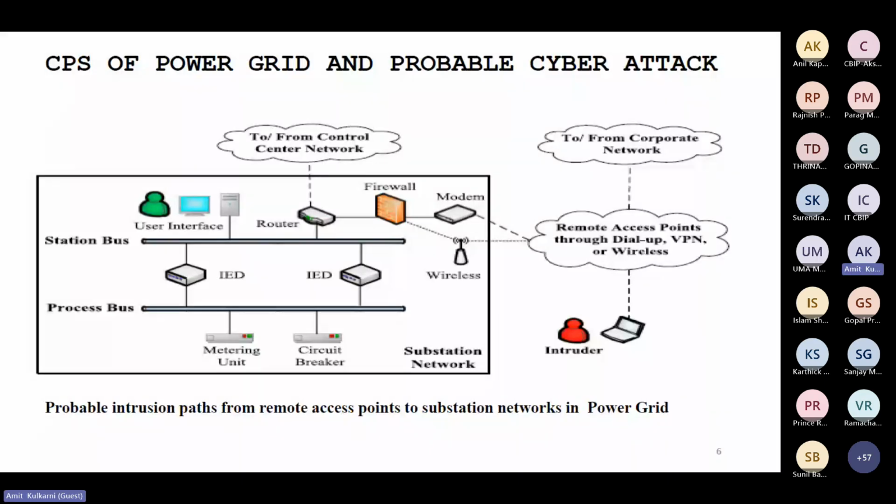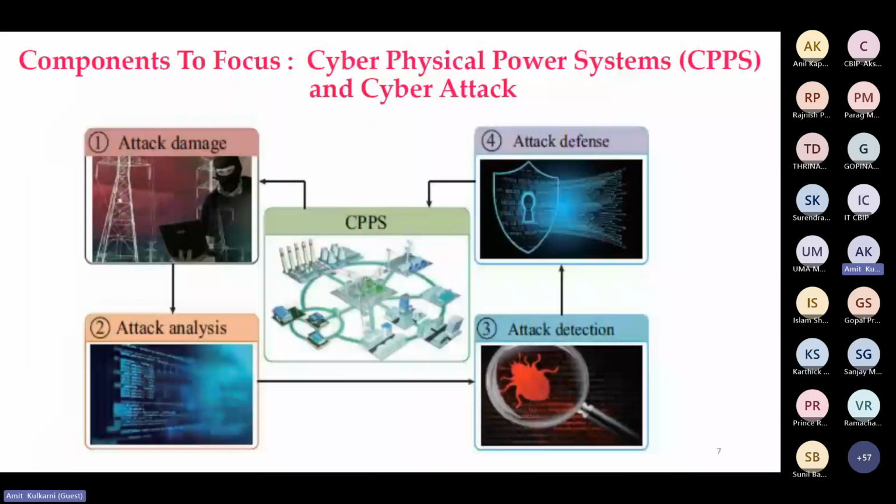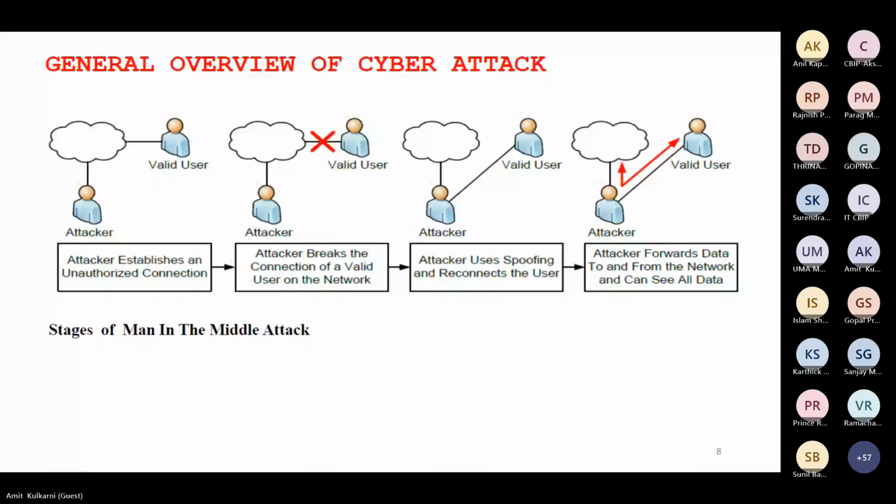So generally, the important components include what the attack damage is, what the attack analysis is, attack defenses, and attack detection. All these components are very important when we are talking about cyber physical power systems and their attack. So this is how an attacker tries to get established.